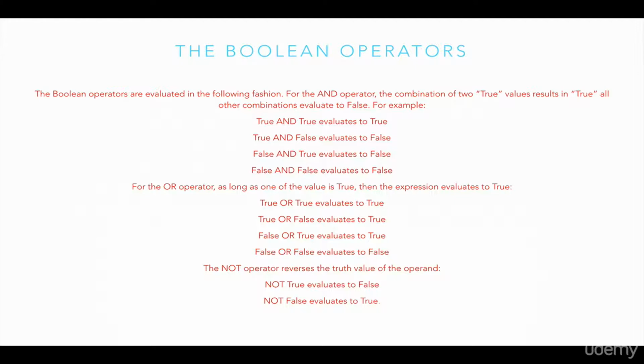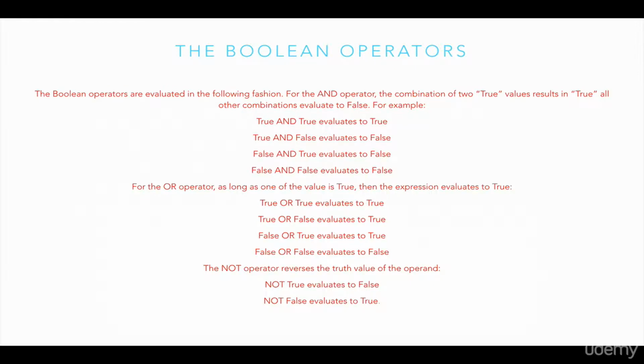For example, true and true evaluates to true. This is pretty easy and straightforward to determine, as you can see, the two parts of this statement are true. And because I am using an AND operator, according to the rules of the AND operator, the entire statement is true, okay?